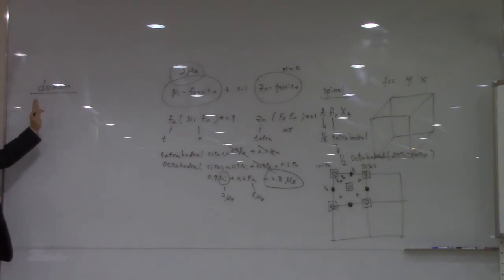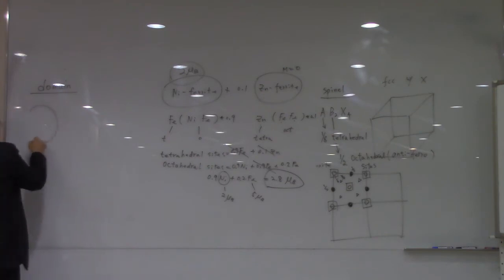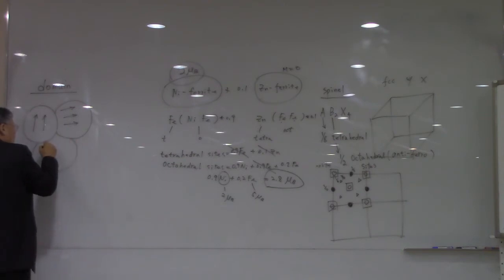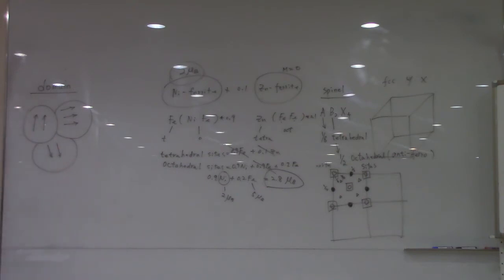A magnetic domain means the unpaired spins in one direction, and in the same material, it does have different directions, something like this. So this is totally different from the grain boundaries. These magnetic domains can grow. One domain can overcome the other domains with the external magnetic field. The domain boundaries can move.